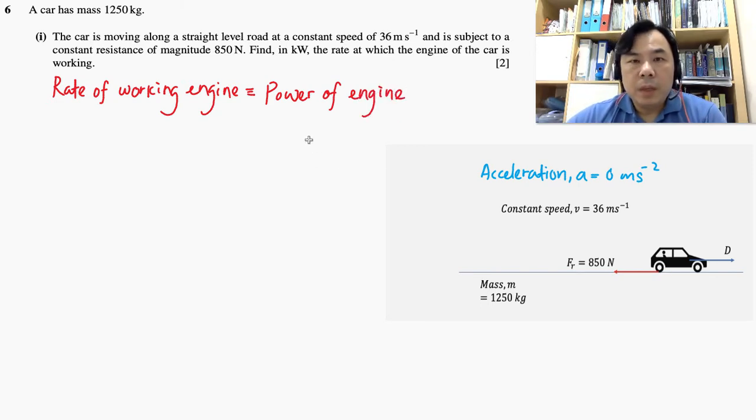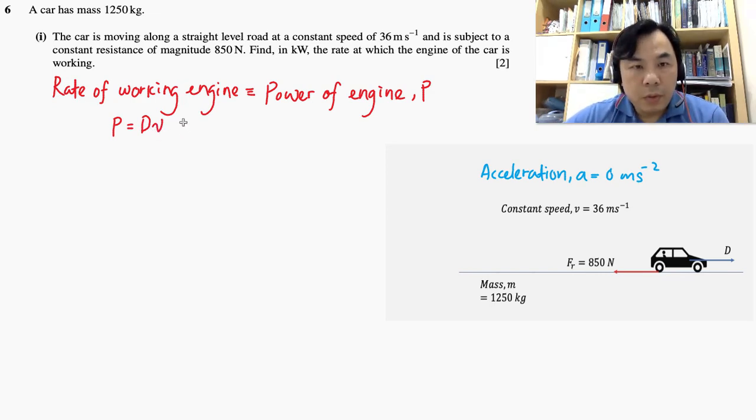Now, this power has a relationship with the driving force. If I represent the power as P, the power is related to the driving force in such a way that the power is equal to the product of the driving force with its instantaneous speed at that point in time.